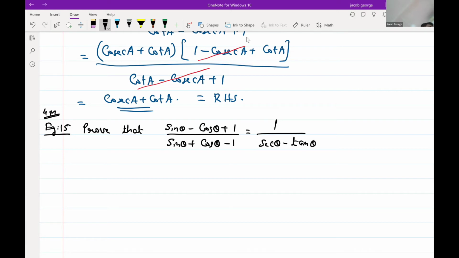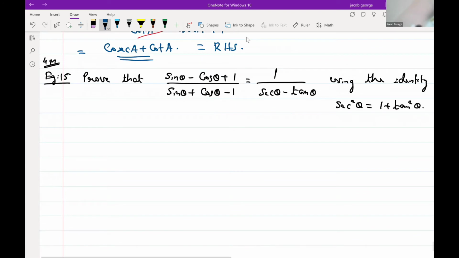Using the identity sec square theta is equal to 1 plus tan square theta.